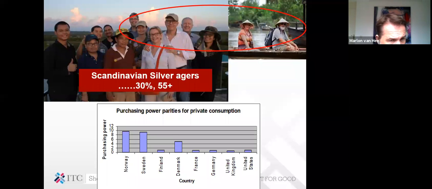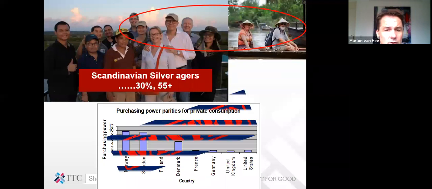So just figure out, Norwegian people, Swedish people, Danish people, they really have money to spend. Especially these Scandinavian Silver Agers, they have the time, they can travel whenever they want. They have really strong pension schemes, and it's an interesting market to look into.